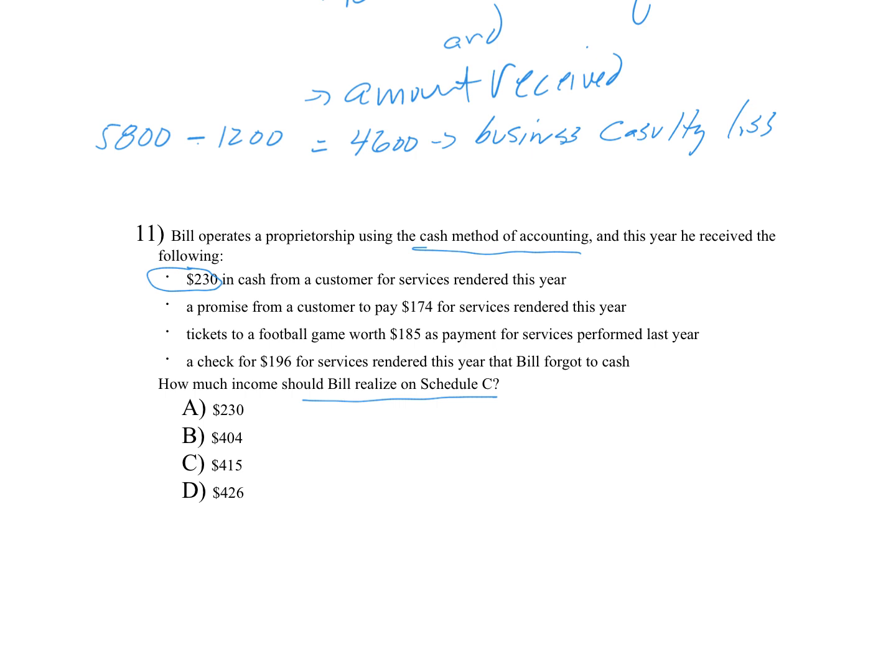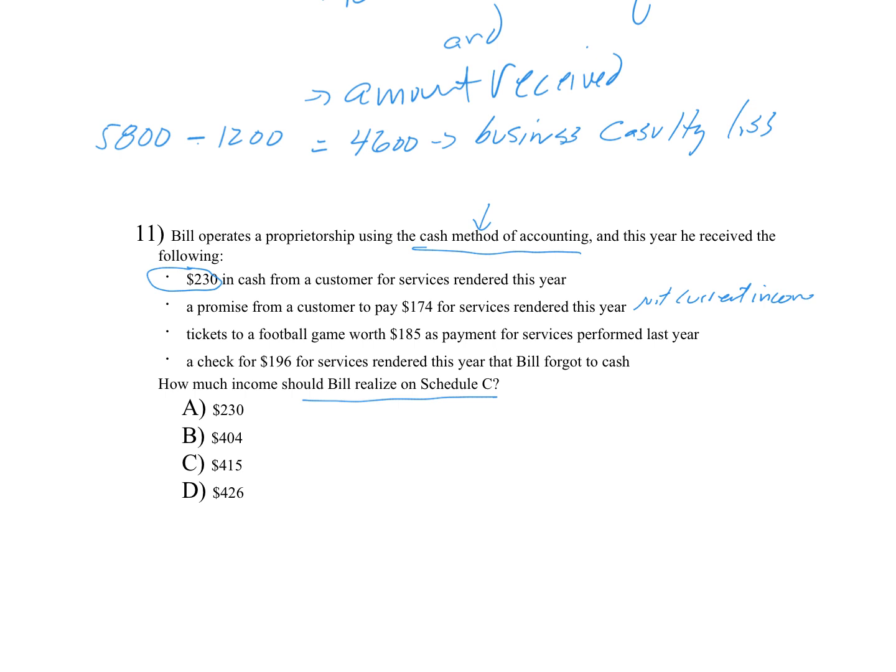A promise from a customer to pay $174 for services rendered this year. All right. So this is a promise to pay. Is this current income? No, not current income, since he is a cash method taxpayer.